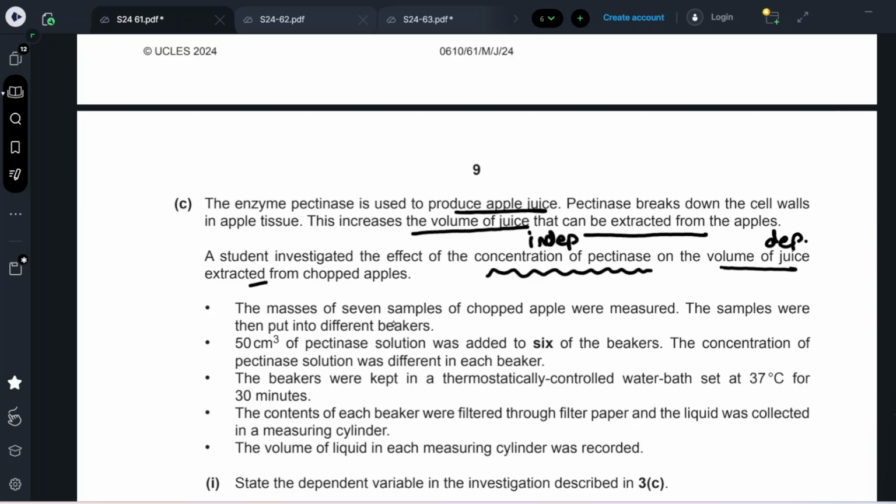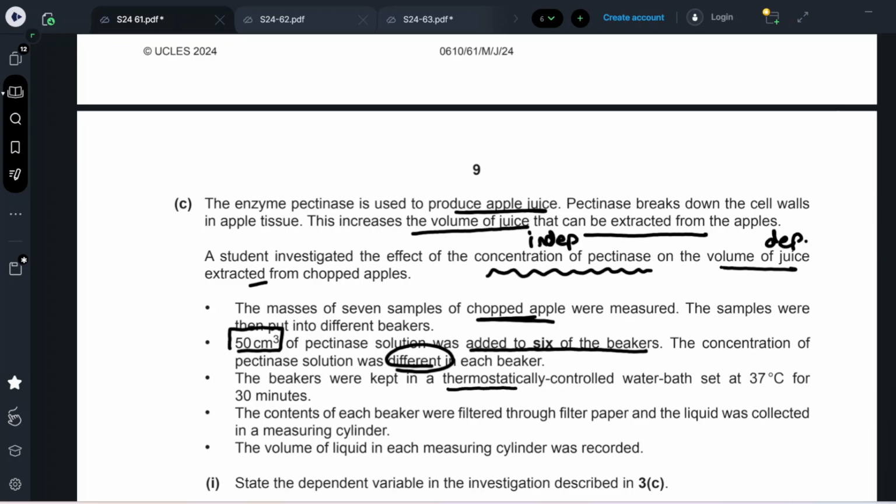The masses of 7 samples of chopped apple were measured. They were put into different beakers. 50 cubic centimeter of pectinase was added to the 6 beakers. So the same volume of pectinase, but the concentration was different. This is what you changed.